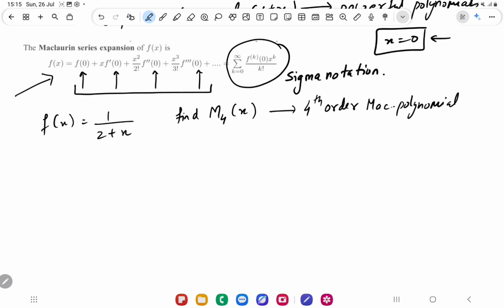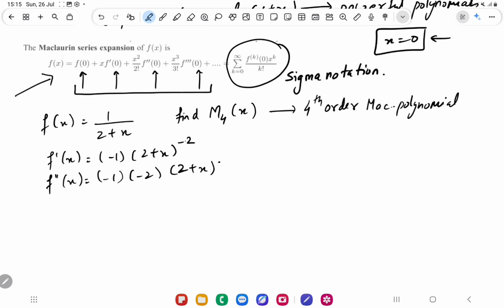Now how will you find it? According to this formula, first we have to find the derivatives. When you find the derivatives, f dash x will be minus 1 over (2 plus x) squared. We can bring this in the numerator, so this will become power minus 2. Again I have to take the second derivative. The second derivative will be 2 times (2 plus x) to the power minus 3, and we can keep going on.